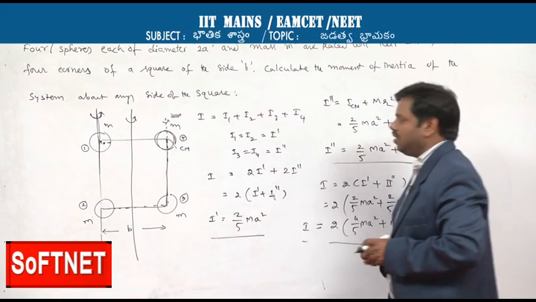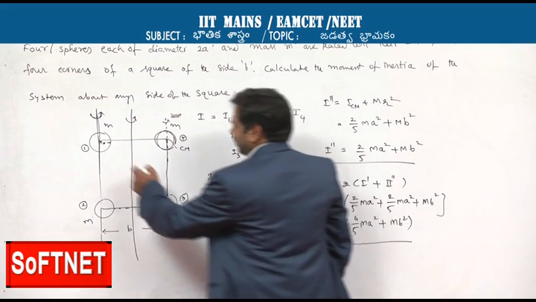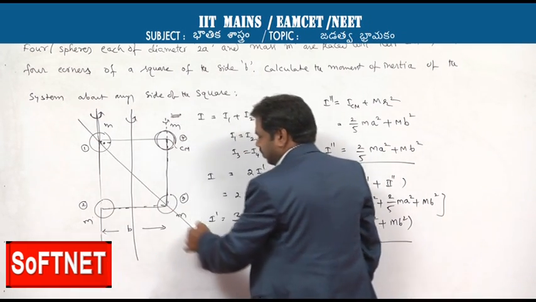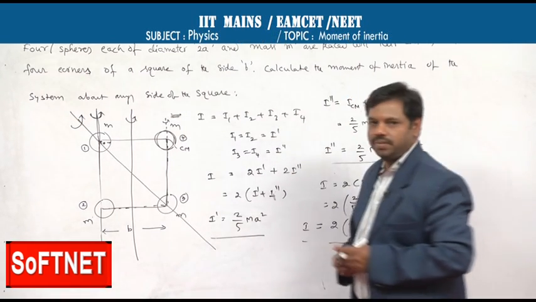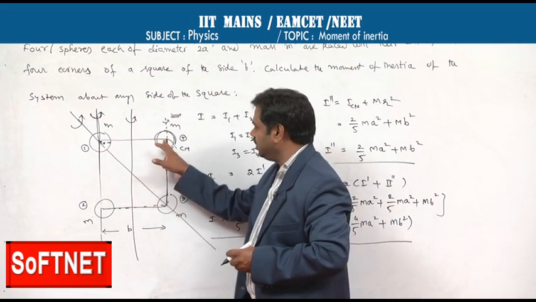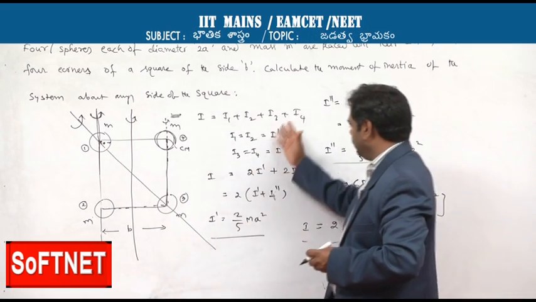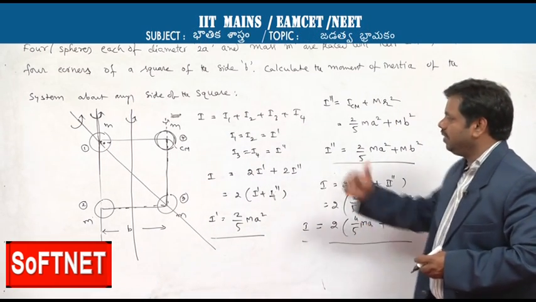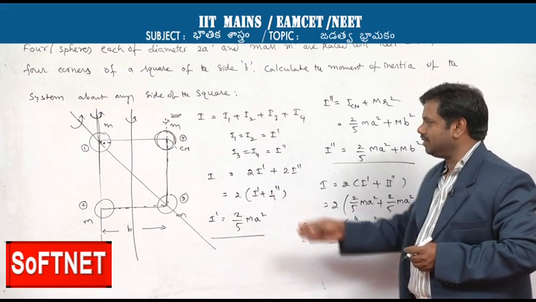And of course you can take one more axis also like this, about the diagonal of this square. Find out the moment of inertia yourself, again by writing the moment of inertia of this one, this one, this one and this one with respect to this axis, following the same method. Now you can find out the moment of inertia of this system about that axis also.